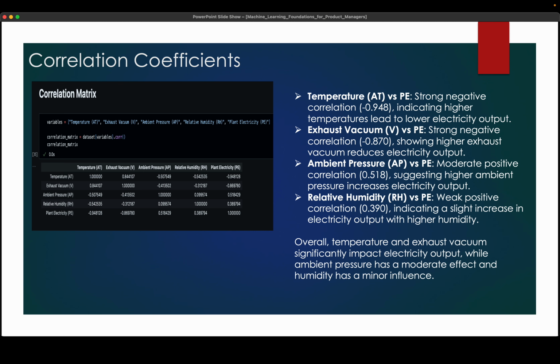The same is true for exhaust vacuum, which is also strongly negatively correlated with PE. Ambient pressure shows a moderate positive correlation, suggesting higher ambient pressure increases the electrical output, while relative humidity has a weak positive correlation with PE, indicating a slight increase in electrical output with higher humidity.